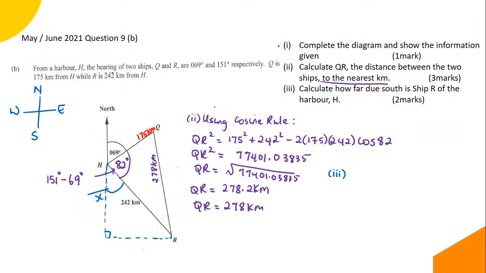So to find this missing angle here in blue, 180 take away the 69 degrees and the 82 degrees will give us this missing angle, and that will be 29 degrees.